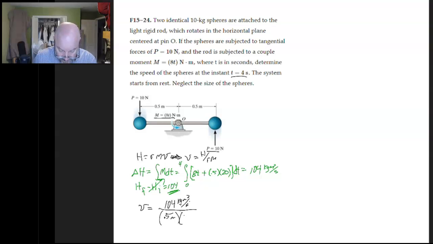And our mass is 20 kilograms because we've got two of these objects, so we have to take into account the whole thing. What happens there is we get 10.4 meters per second. So there's that one.